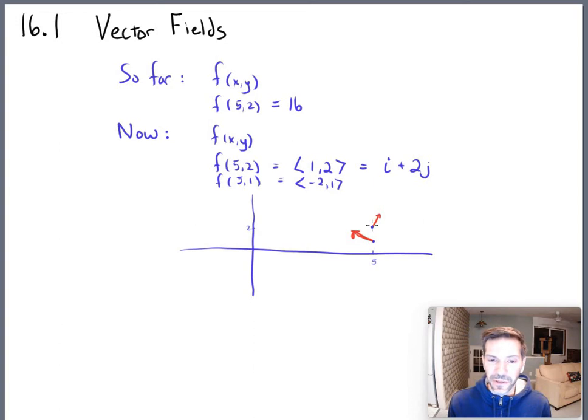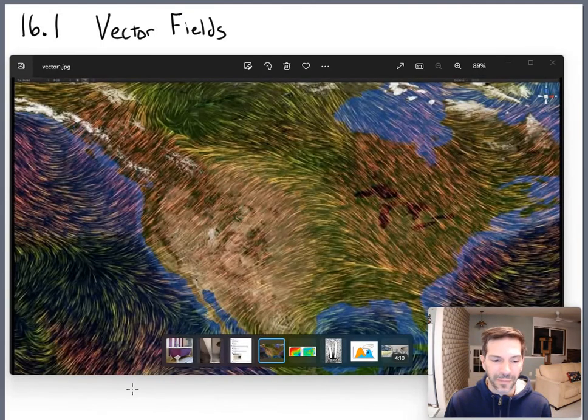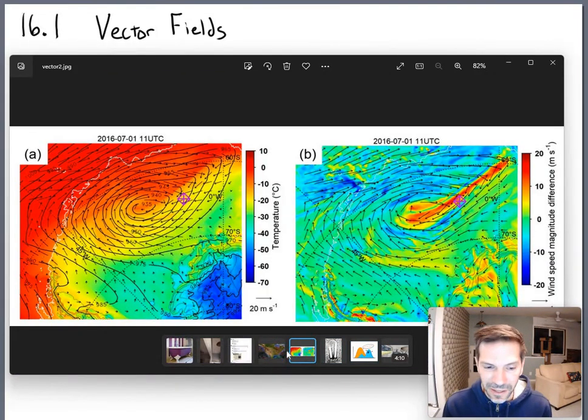And these vector fields can represent lots of things. Some standard applications of vector fields are fluid flow, so maybe wind speed. This is more of a standard weather map, with vectors at various points representing the wind speed there.